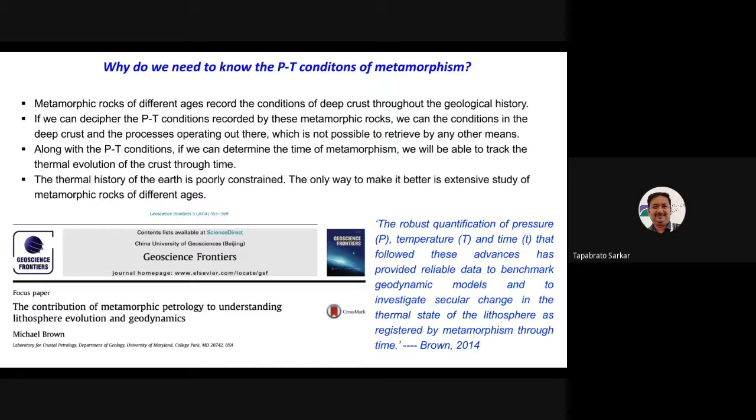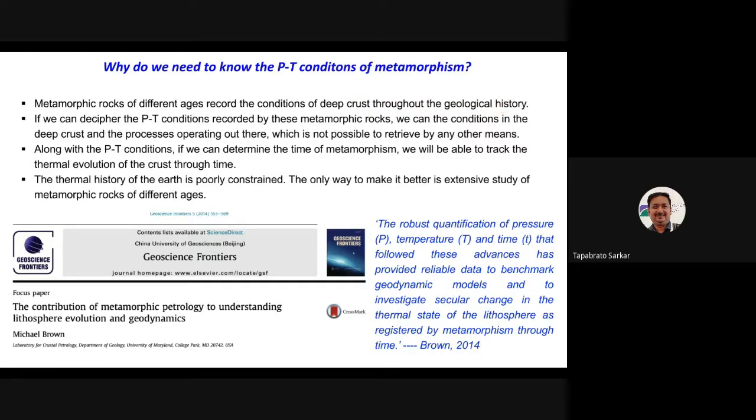So these metamorphic rocks, at the ages where they formed, record the conditions of the deep crust. Metamorphism is dominantly related to the crustal part, so we call it a metamorphic rock when it has a crustal signature. Basically, from mid to deep crust, it records all the conditions throughout geological history.